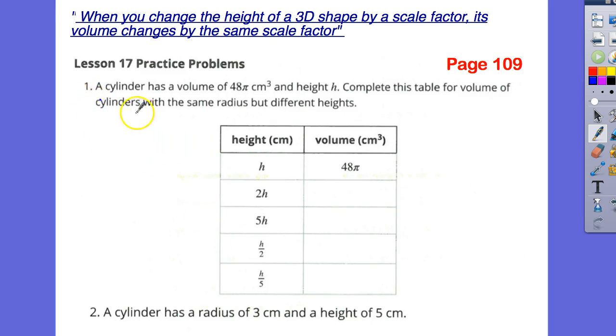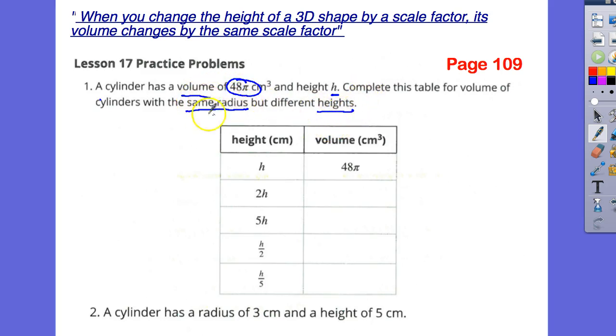Problem number 1. A cylinder has a volume of 48 pi cubic centimeters and height h. Complete this table for volume of cylinders with the same radius but different heights. Okay, so this is the key here.